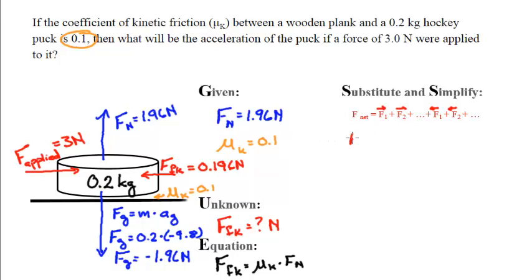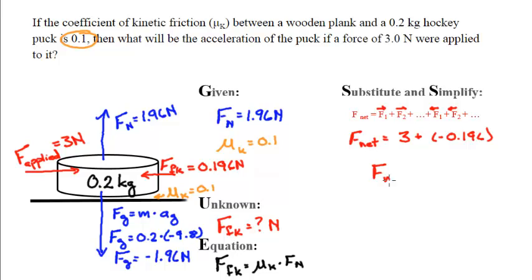So my force net equals all the forces going to the right, and in this case it is 3 newtons plus, and why do I make the force due to friction a negative number? Because it is going in the opposite direction.